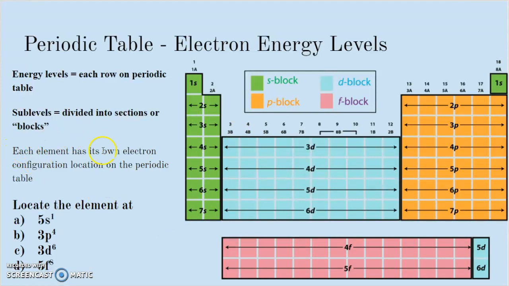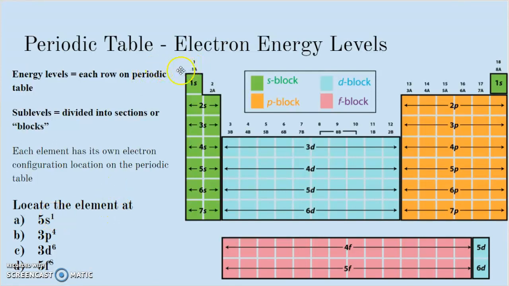And so let's look at some electron configuration locations of the elements just so that we can see how to use this. So if we wanted to locate an element that was located at 5s1, 5 is the energy level, S is the sublevel, and 1 is how many electrons are in that sublevel.